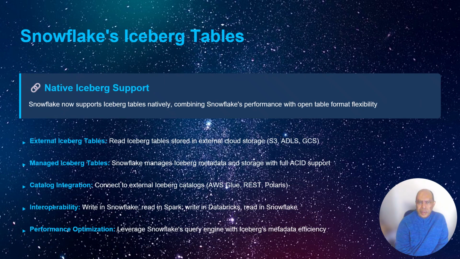So, in a nutshell, Snowflake has embraced Apache Iceberg with native support, combining Snowflake performance with open table format flexibility. Snowflake now offers native Iceberg support, which means you get the best of both worlds: Snowflake's powerful query engine and optimization capabilities combined with the Iceberg open format and interoperability.